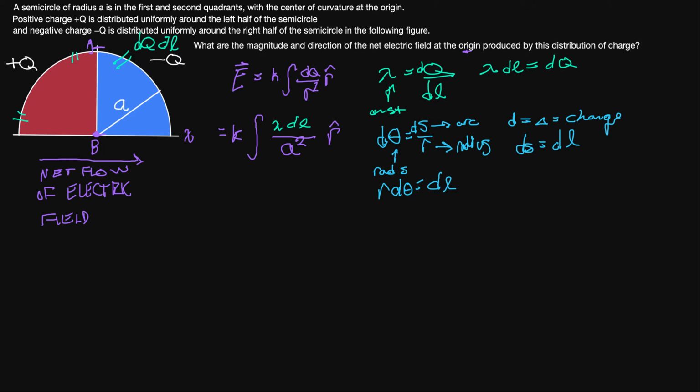Because I'll be integrating over d theta, geometrically it will make sense. And so if I'm going to think about my bounds, I could go from 0 to pi, because I'm going to use radians, because remember this has to be in radians. That's a very important part. A lot of people trip up on that.